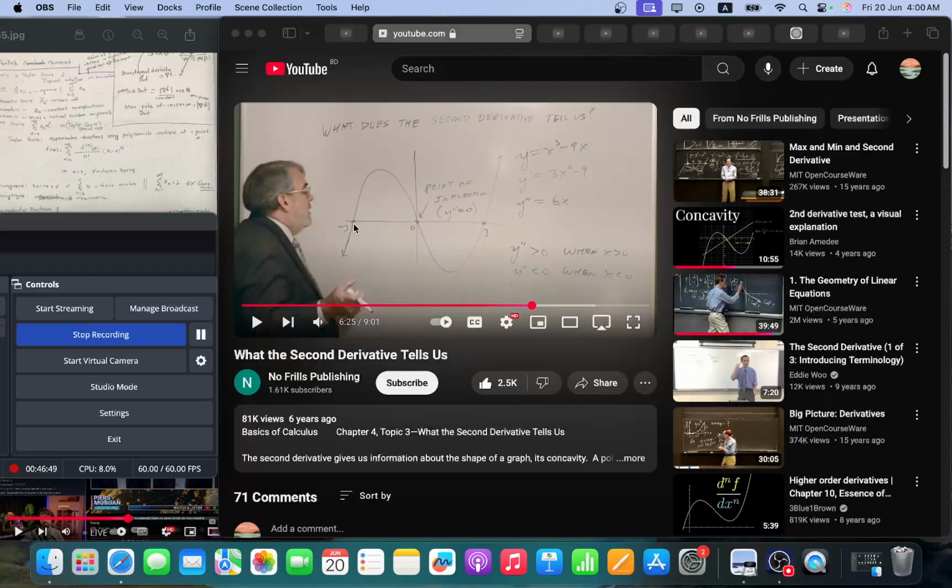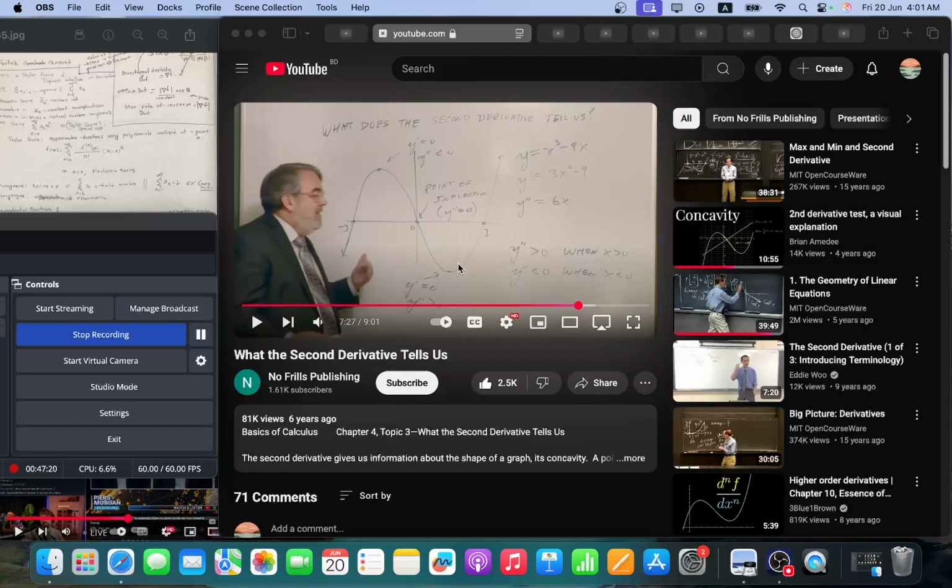Also, the point where the second derivative is 0 is called the point of inflection. Then the minimum and maximum. So this is the maximum, and it basically tells you that this function has reached its maximum peak and cannot go any further, so the only place to go is down.